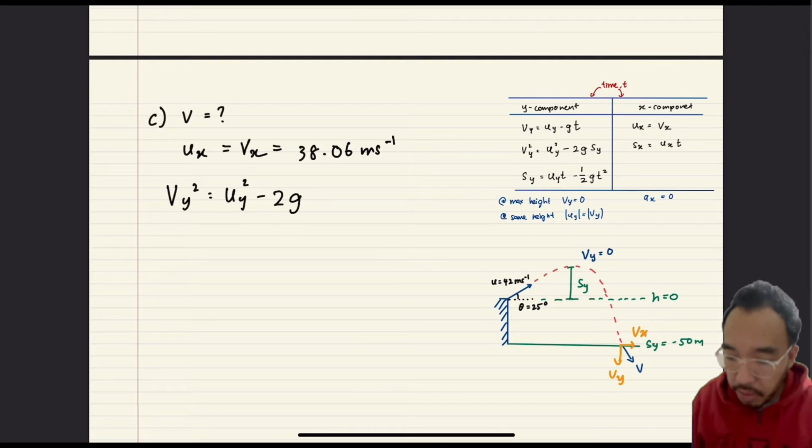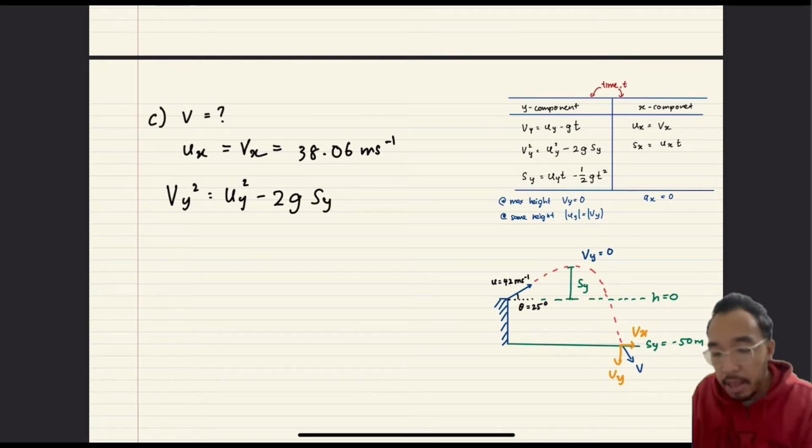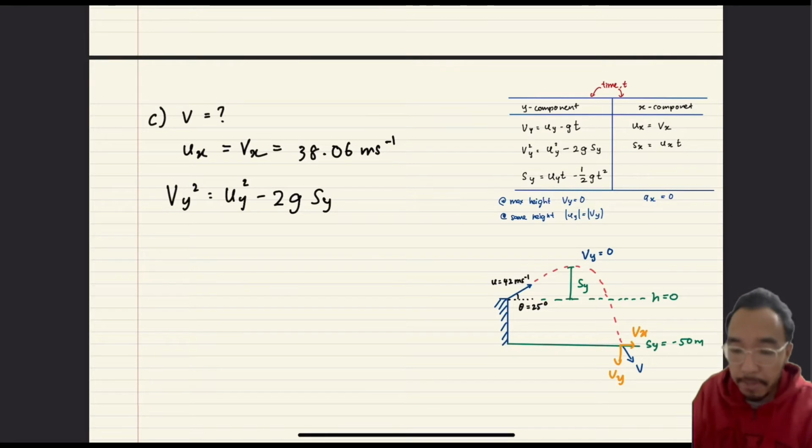Initially, when you try to do this question, because you don't have enough practice yet, you might find it quite difficult to choose the formula. But once you are familiar, you know which information you have and which you want to find, you can do it straight away. Even if you are used to it, for me, I still have to write down the formula.